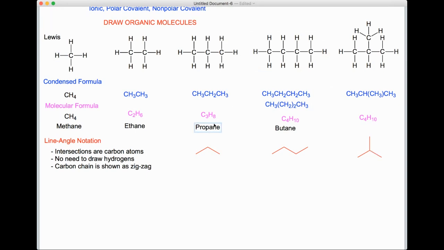Same molecular formula, different connectivity in between the atoms. Two different molecules, we call them isomers. Same molecular formula, different connections in between the atoms, isomers. Two different molecules, different chemical and physical properties, okay? We call them isomers.